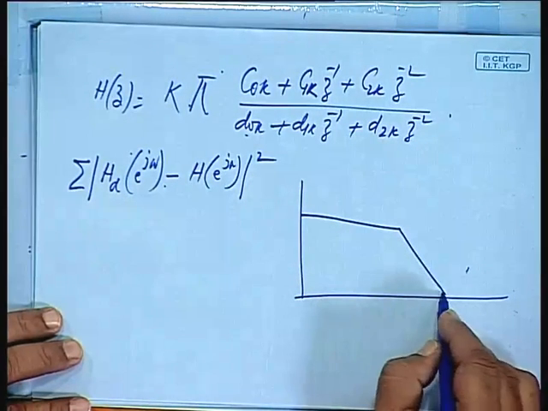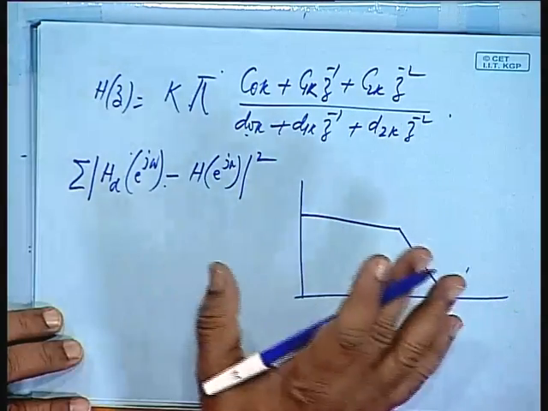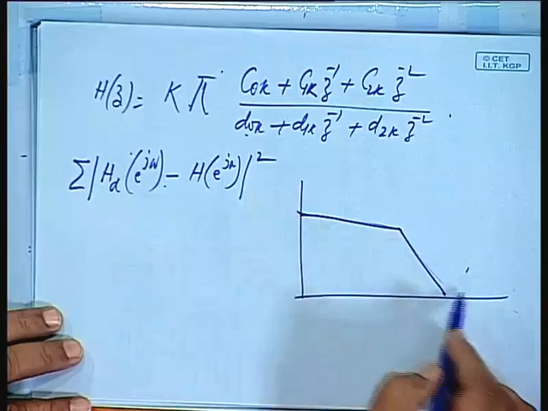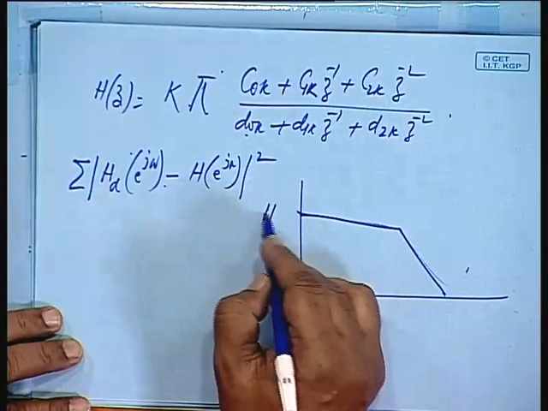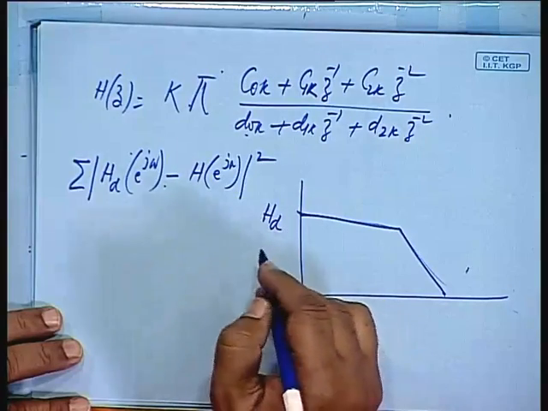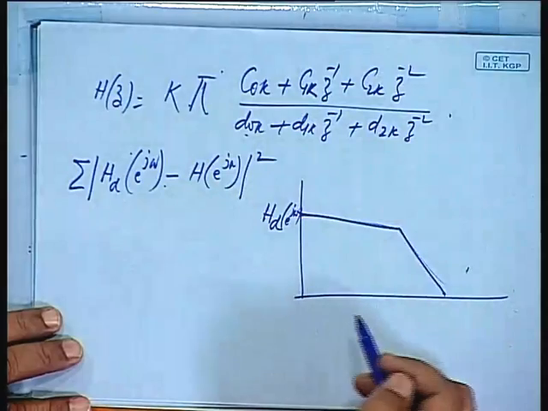Filter to be realized need not be necessarily a low pass filter or a high pass filter, a conventional filter. It can have any desired characteristics. I want to realize this filter. So, this is the characteristics of HD given. What should be my quadratic forms? Suppose I start off with one biquad. I may have two such biquads.